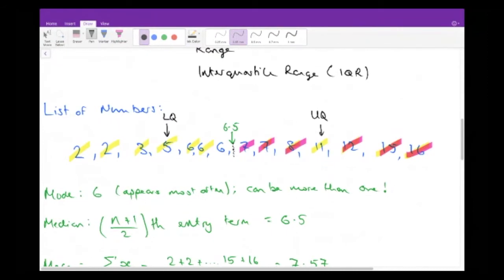Okay. So now on our Casio calculator, you're going to go onto calc, 1 var stats. On TI, you're going to go into stat, move along to calc, and again go 1 var stats.